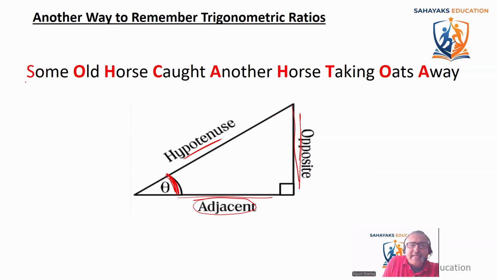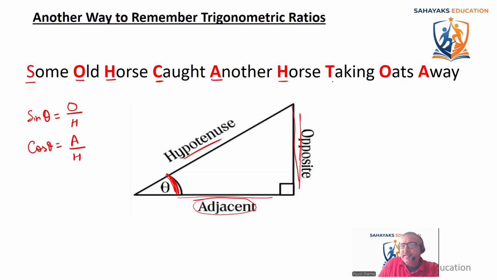When I say S, it means sine. Sine of theta comes out to be O by H, that means opposite side divided by hypotenuse. Then we have cos. Here is CAH. That is cos theta is equal to adjacent side divided by hypotenuse.